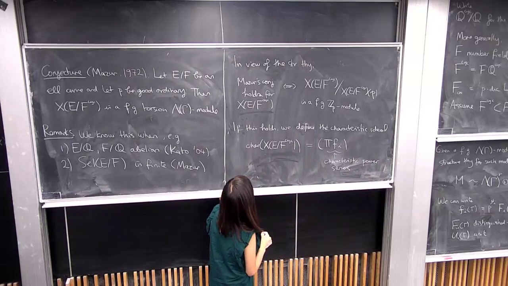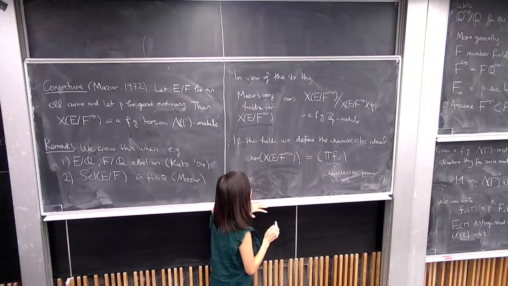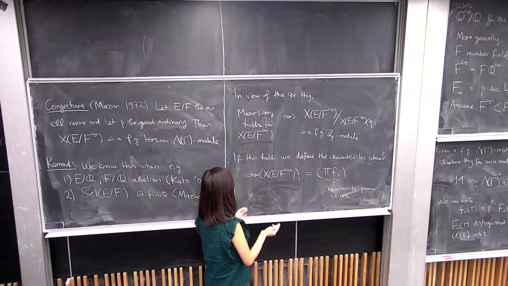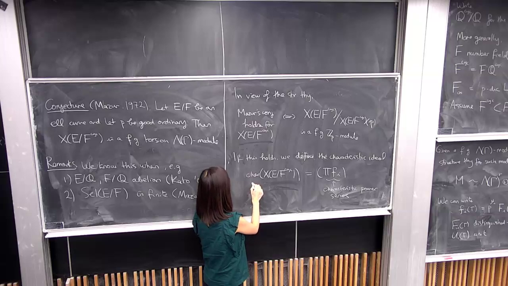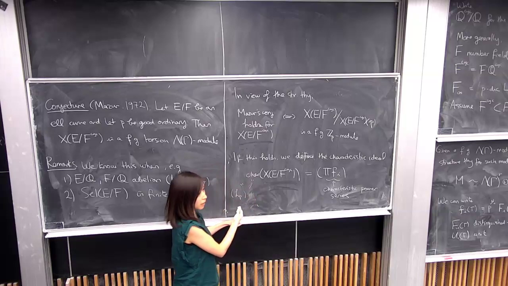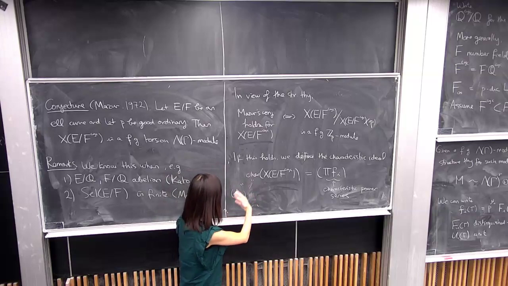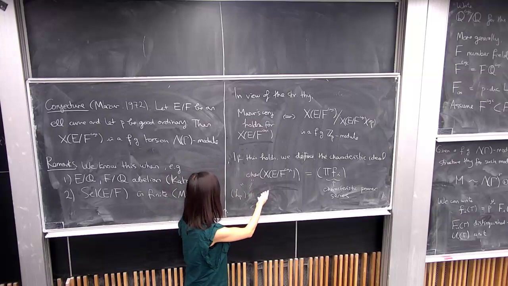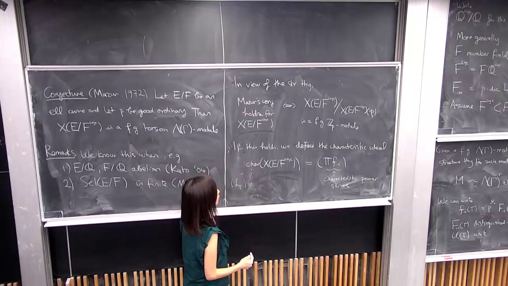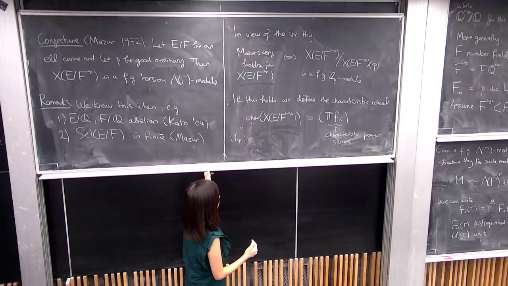The main conjecture of Iwasawa theory roughly says this is generated by a p-adic L-function, which interpolates complex L-values, and that's how we try to relate L-values to Selmer groups or arithmetic objects.